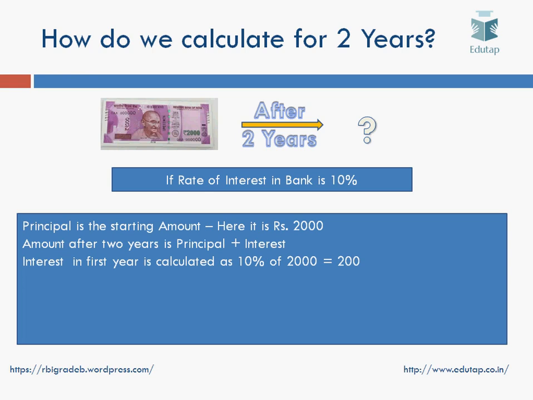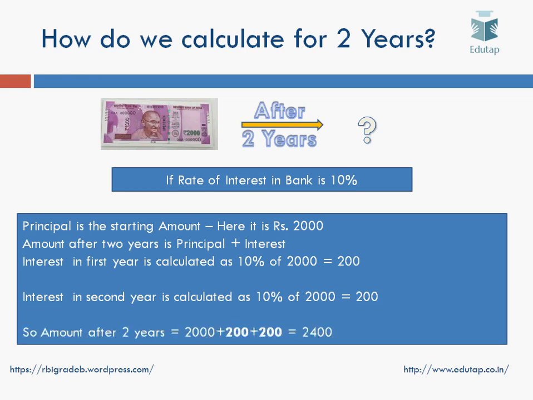The interest in the second year would again be 10% of 2000, which is 200 again. So the total amount after 2 years would be 2000, which is your initial principal, plus 200, which is your interest for the first year, plus 200, which is your interest for the second year. So the total amount becomes 2400. So the value after 2 years would be 2400.